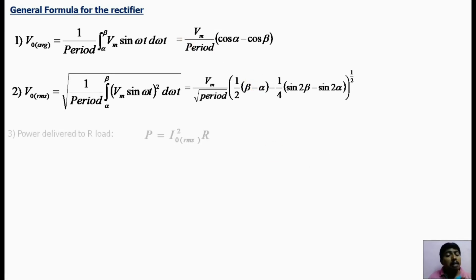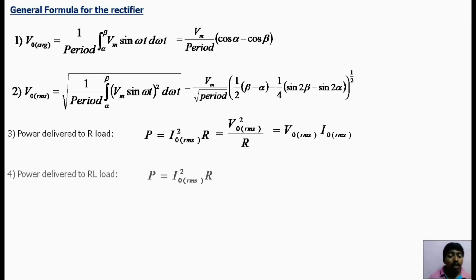The third formula is the power delivered to the load. If the load is an R load, the power is equal to I0 square RMS into R. This is the RMS current. It is also equal to V0 square RMS by R, or otherwise you may write V0 RMS into I0 RMS. For the RL load, meaning inductive, the average power consumed by the inductive load is 0.